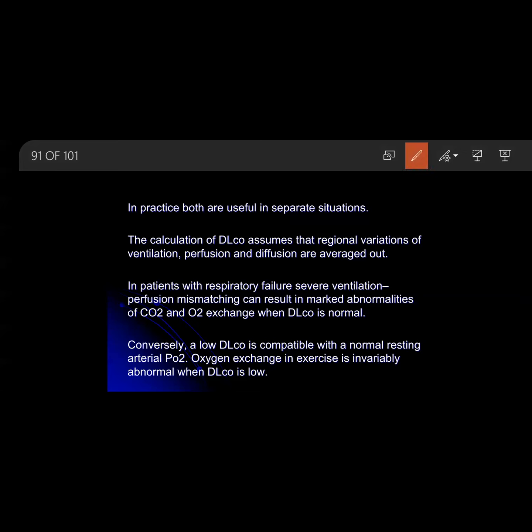This means that in patients with normal resting oxygen and abnormal carbon monoxide diffusion, you expect them to desaturate when they exercise, i.e., they have subclinical fibrosis or a diffusion limited pathological condition.